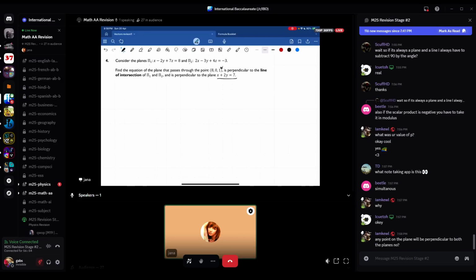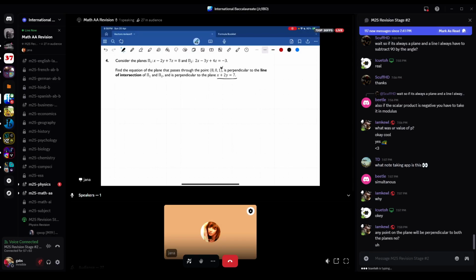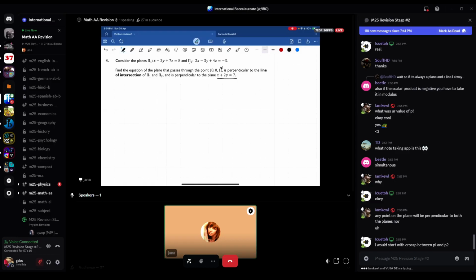Any point on the plane will be perpendicular to both of the plane. What do you mean? This plane is perpendicular to the line of intersection of these two planes.